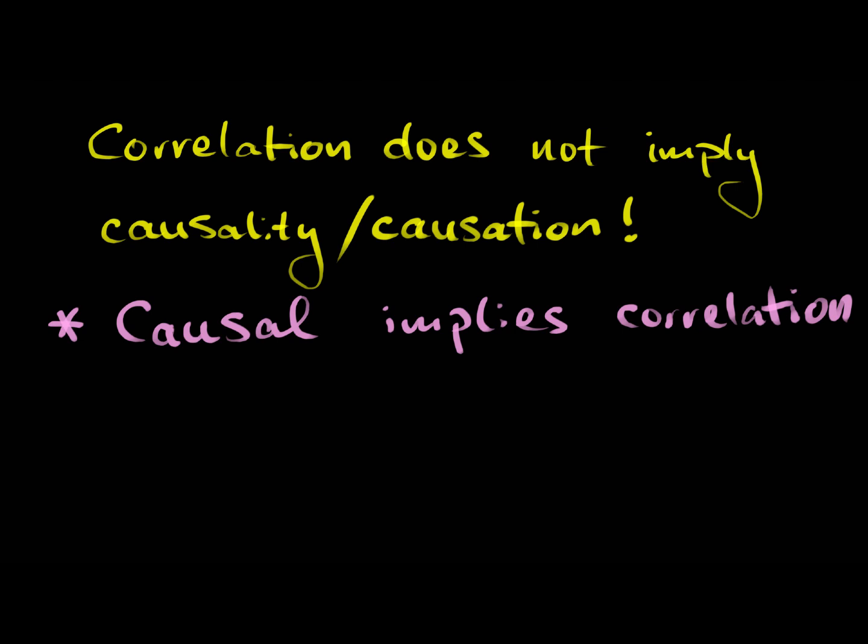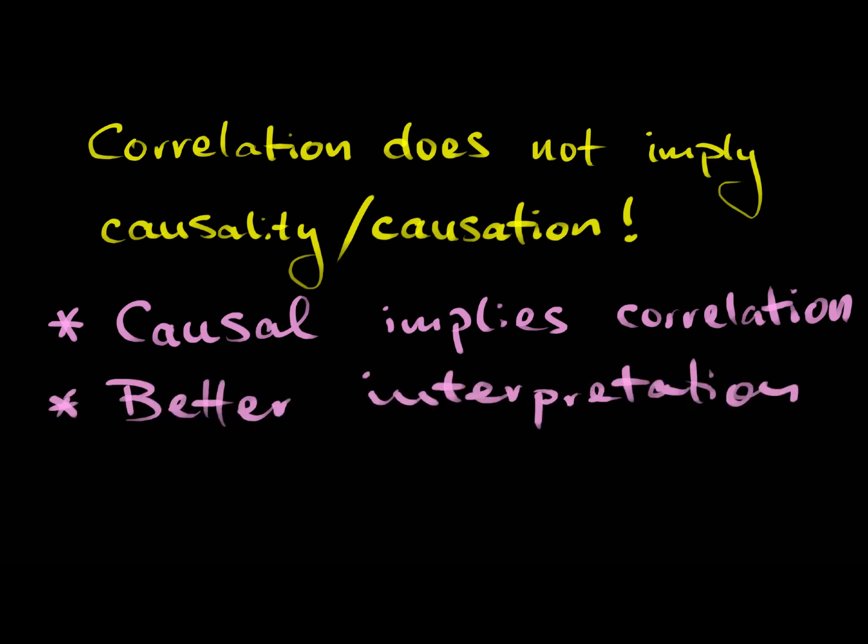At that point, I acknowledge that we might find a correlation. One reason for a correlation is that X could be causing Y. But then it's also important to think about what else could be going on, and why we could be observing this correlation if it's not a causal relationship.